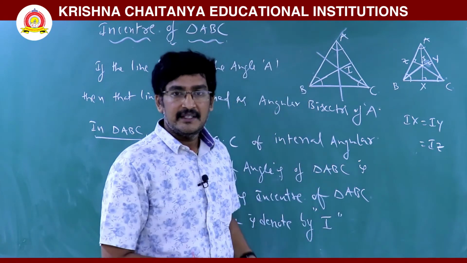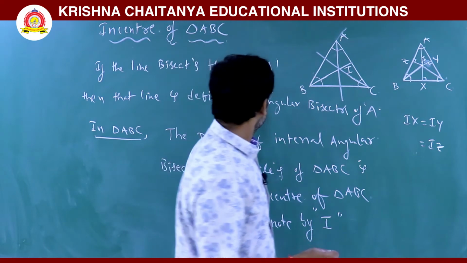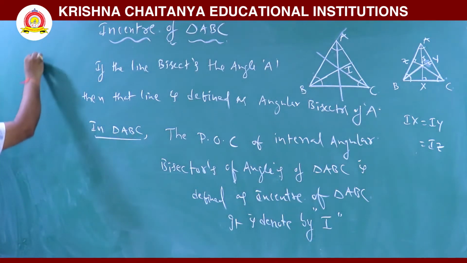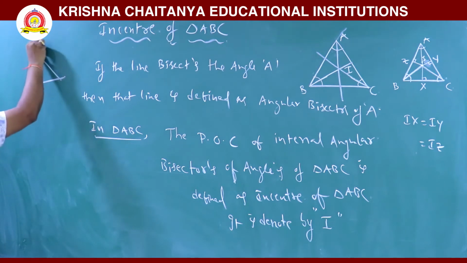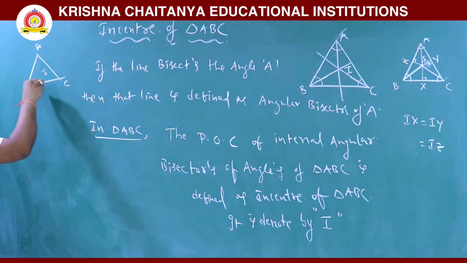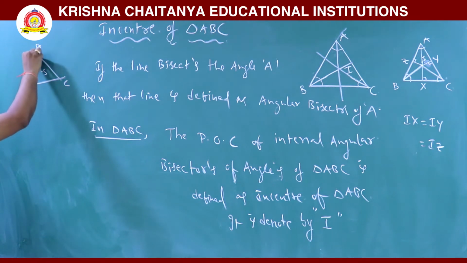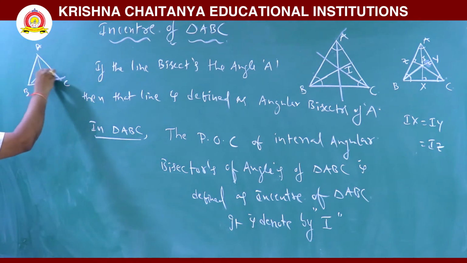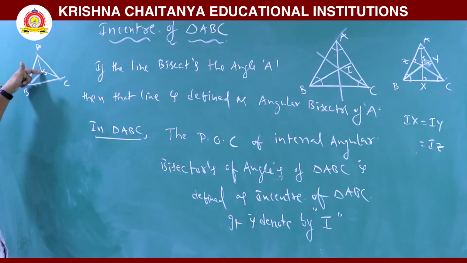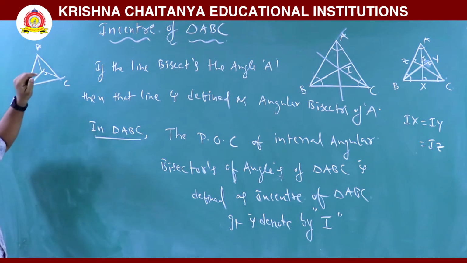What about the circumcenter? I already explained. Take the triangle ABC like this. This is the circumcenter. In the circumcenter concept, SA equals SB equals SC, you know. That means the circumcenter is equidistant from the three vertices of the triangle.